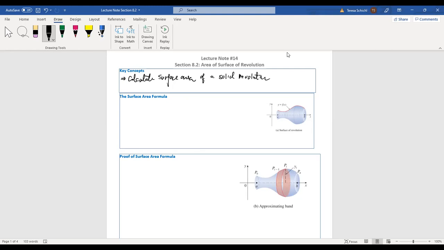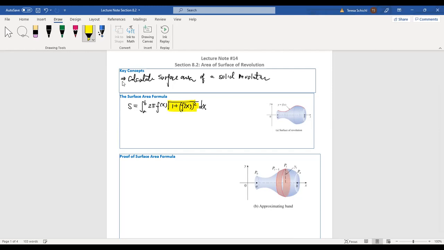If I'm rotating around the x-axis, the surface area formula will be the integral from a to b of 2 pi times f of x times the square root of 1 plus f prime of x, the whole thing squared, dx. This part certainly looks very familiar, right?